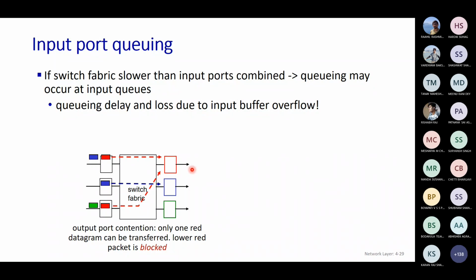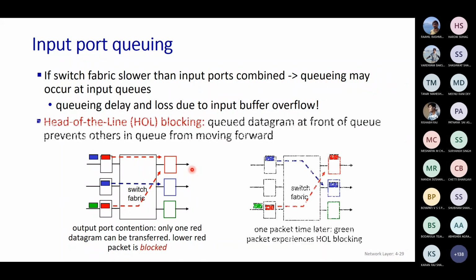Now what is it going to result in? If there is a contention, only one of them gets the chance to transfer at a time, to the same destination, of course. So what would happen? Suppose the first one, at input port 1, gets the chance to transfer.